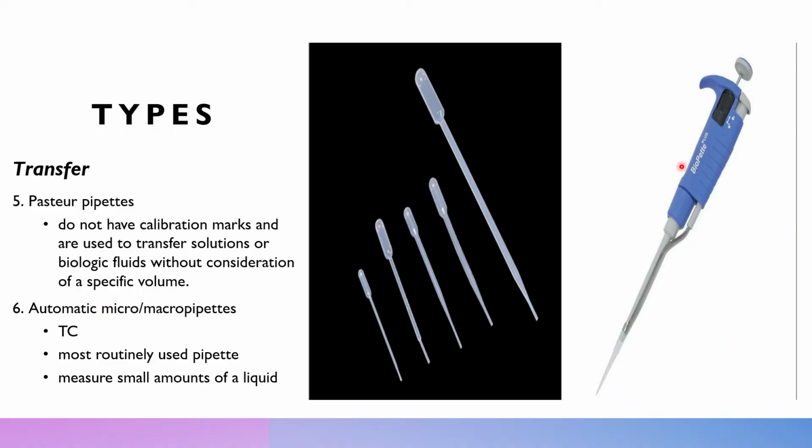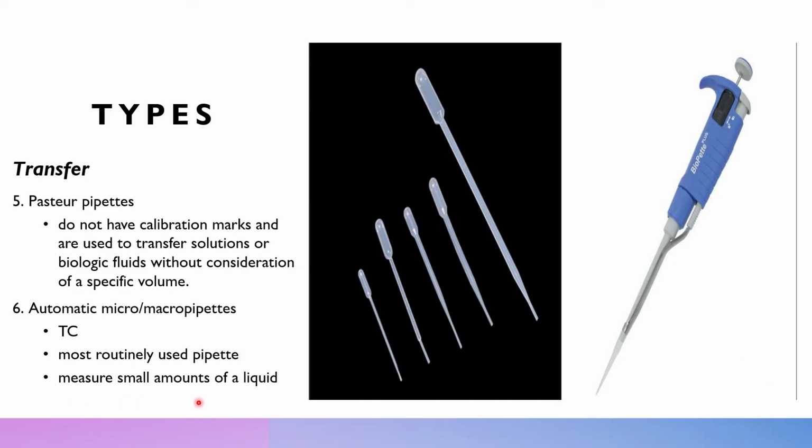And this one on the right is what we call the automatic or semi-automatic micro or macro pipettes. They are to contain type of pipette as a design. They're also transfer type of pipettes, and they're the most routinely used pipette in the clinical chemistry laboratory setting right now.